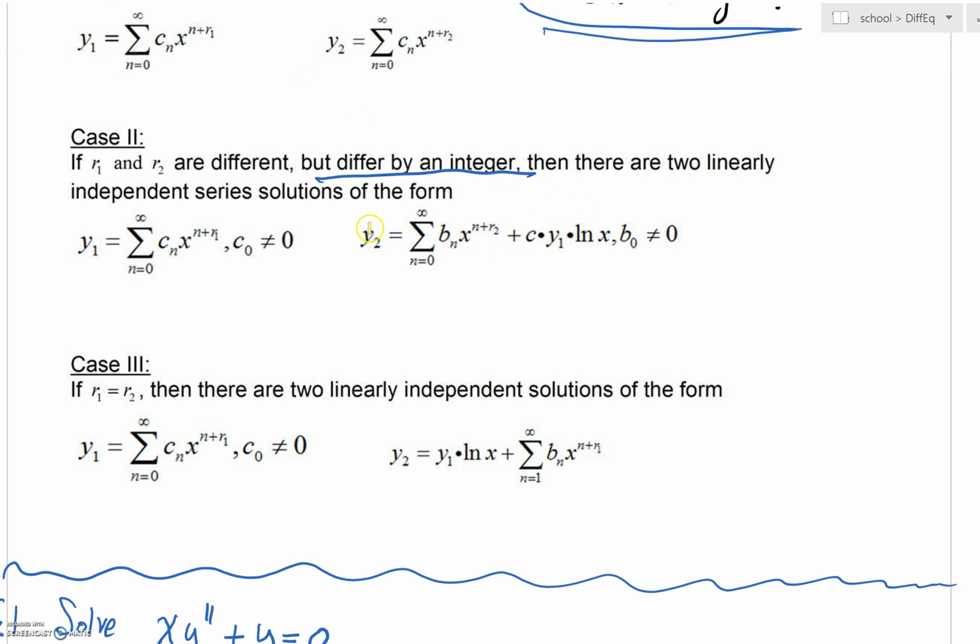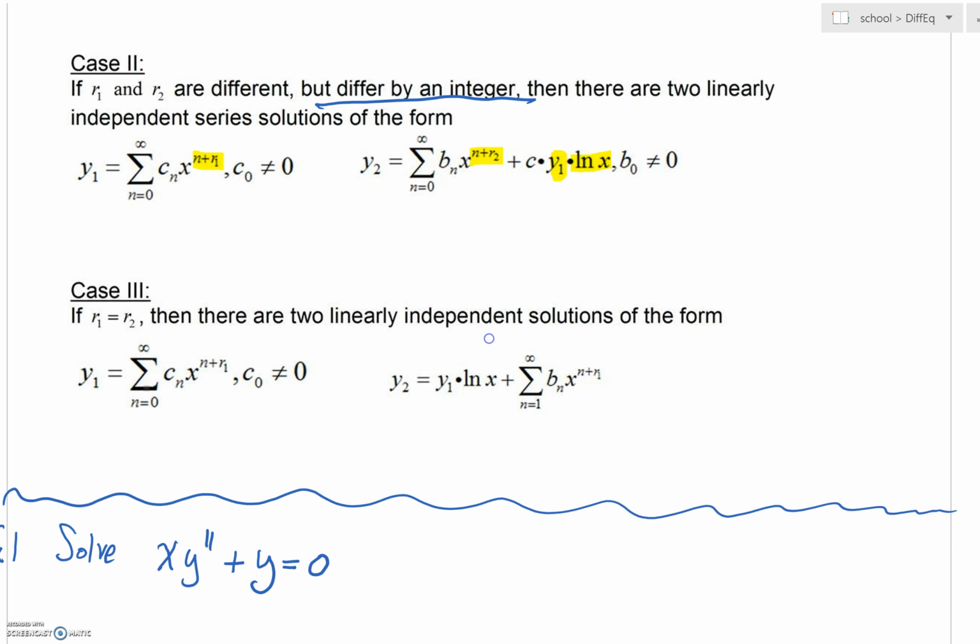You have your n plus r sub 1 and your n plus r sub 2, but you also see a natural log multiplied to your first series, and you've got some other constant out there. That begs the question: how would you even find a second form like that? Where's that natural log coming from? We'll be talking about that in a little bit.